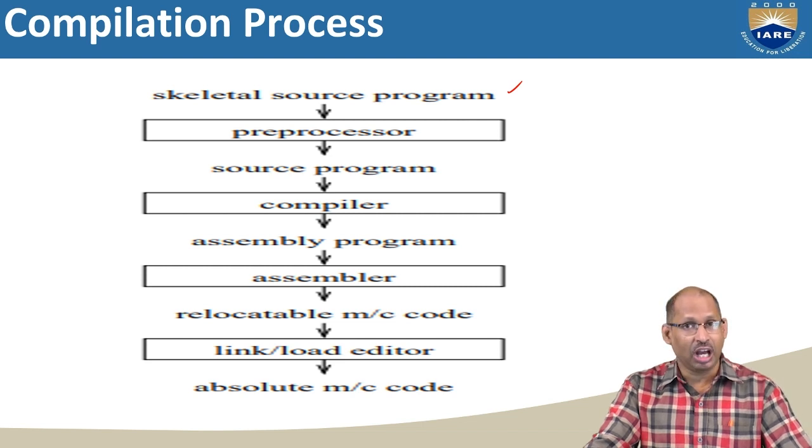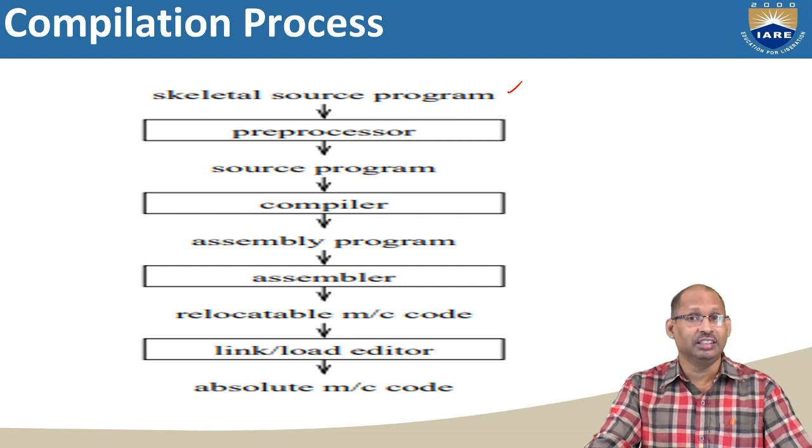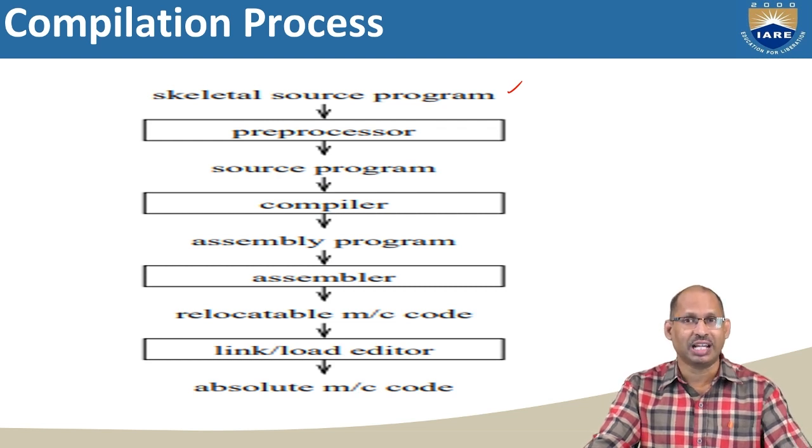So we avoid rewriting the statements and save execution time. That is the advantage of preprocessor commands over functions. The condition is that the size of the function should be small.